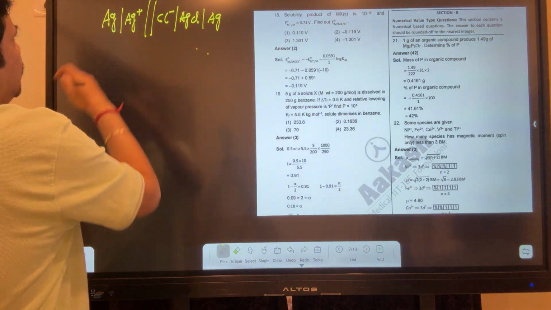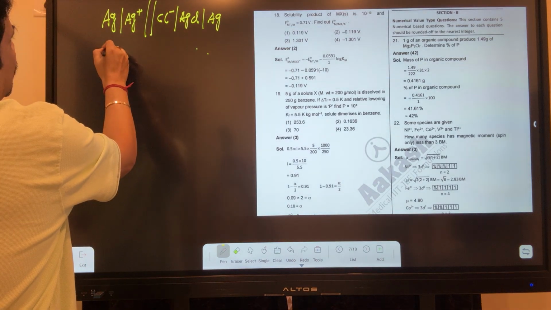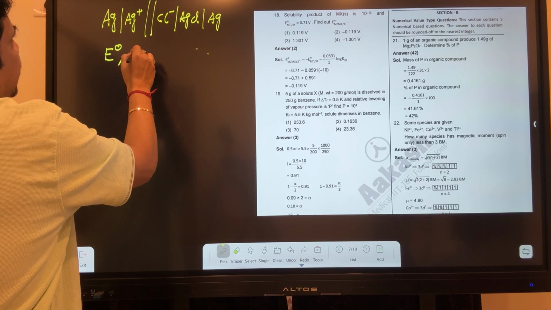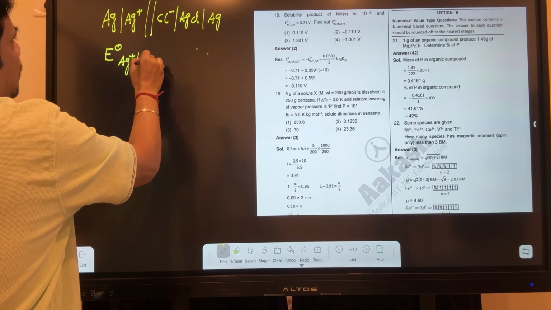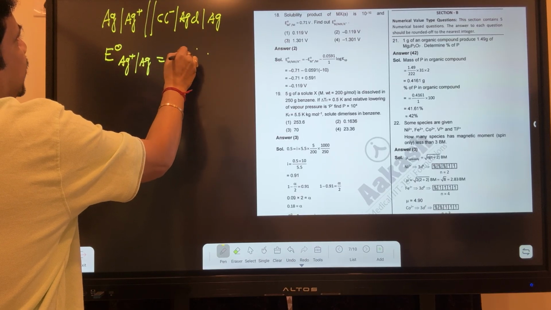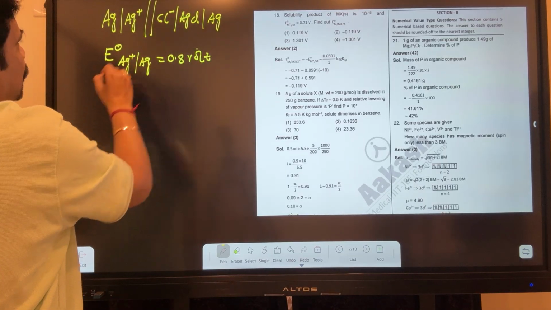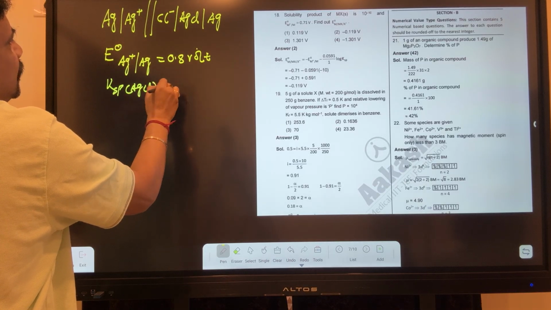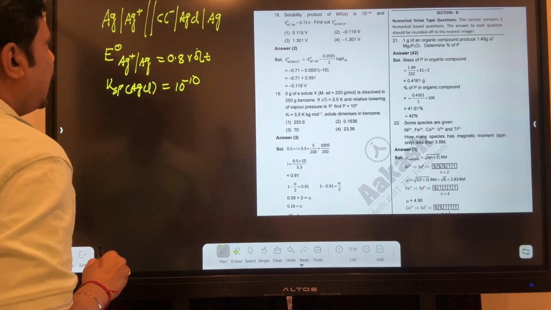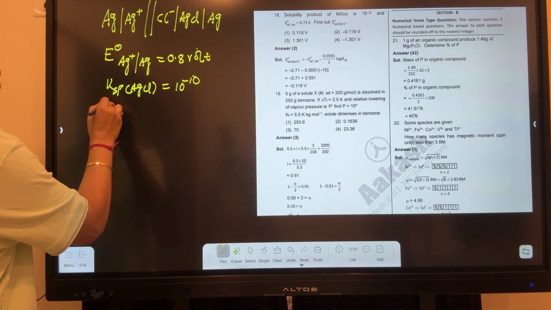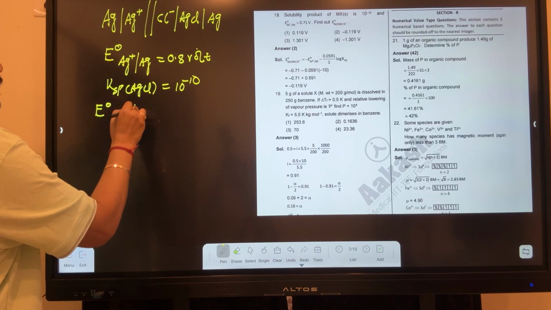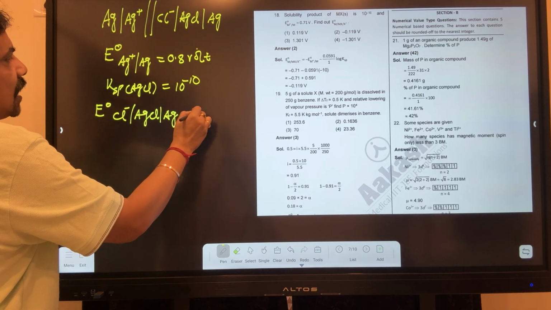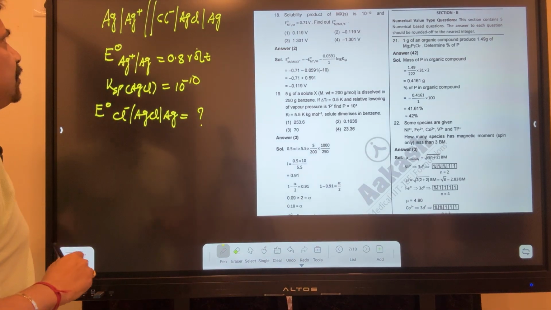Now here they are giving E naught of Ag plus to Ag is 0.8 volt, and the KSP of AgCl is 10 power minus 10, and then they are asking for E naught of Cl minus, AgCl and Ag, what that value equals. Now this was the problem.